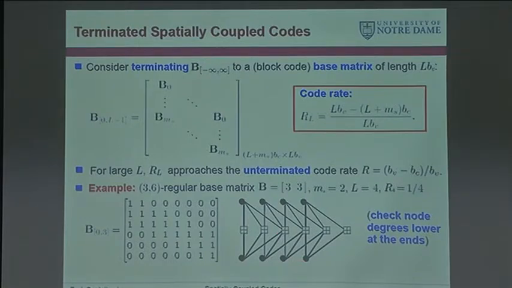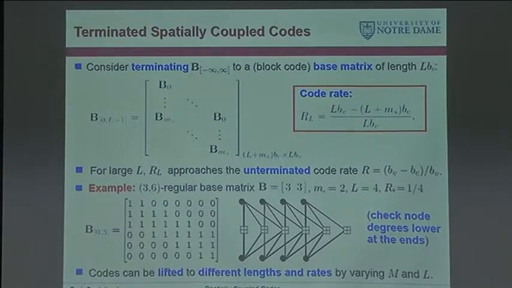So if you terminated the graph that quickly, you'd get a significant rate loss. One thing to notice: we looked at it from the matrix point of view, and from the graph point of view here again, we notice that the check nodes at the end have lower degrees. The ones in the middle all have degree 6 because this is 3/6 regular. But the termination at both ends causes lower degree checks at the ends, okay? We'll discuss that more a little later.